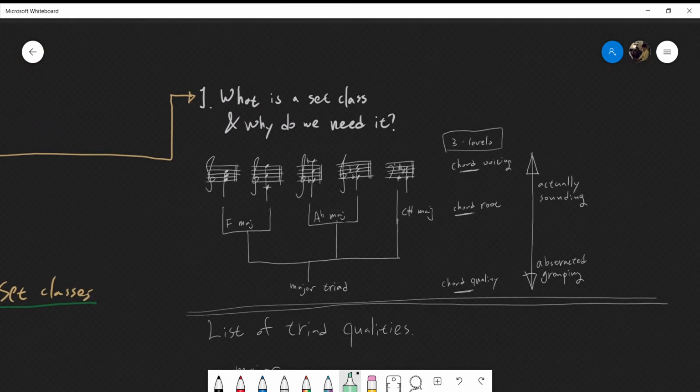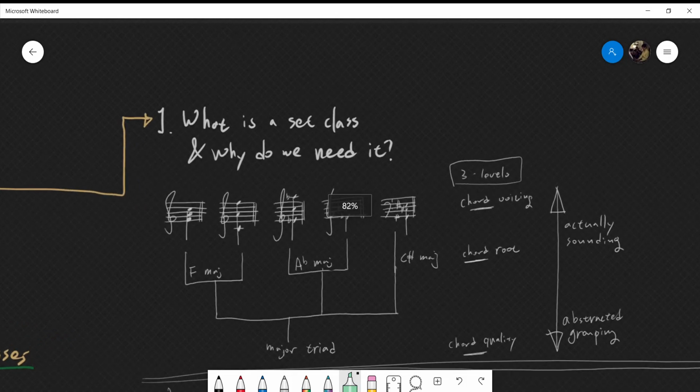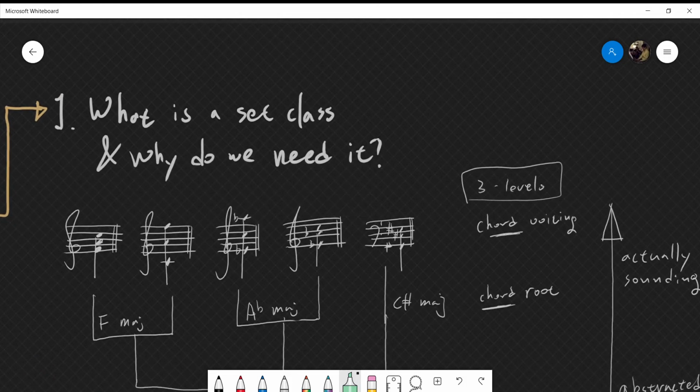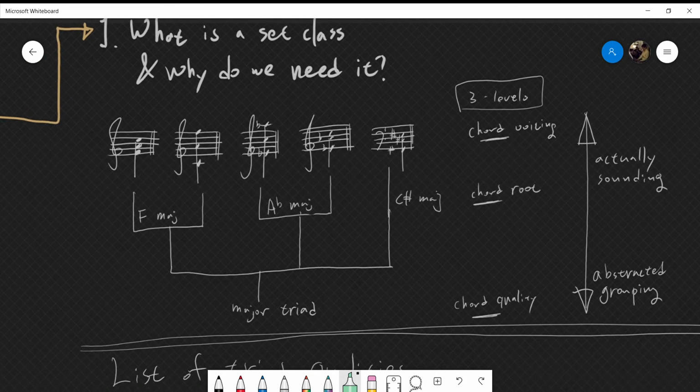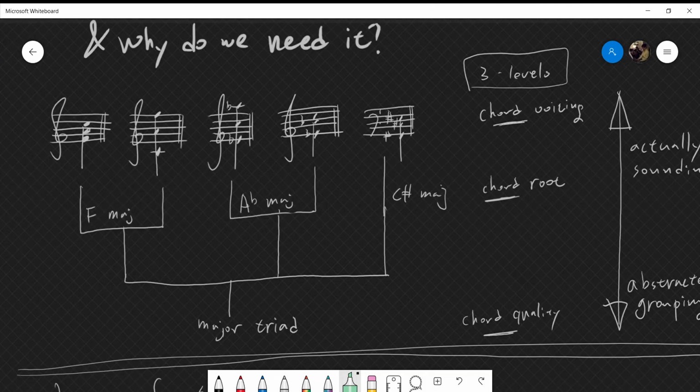To start, let's talk about the diatonic tonal concepts. So what is a set class and why do we need it? Let's talk about these notes here. We have all these different sounding notes, right?